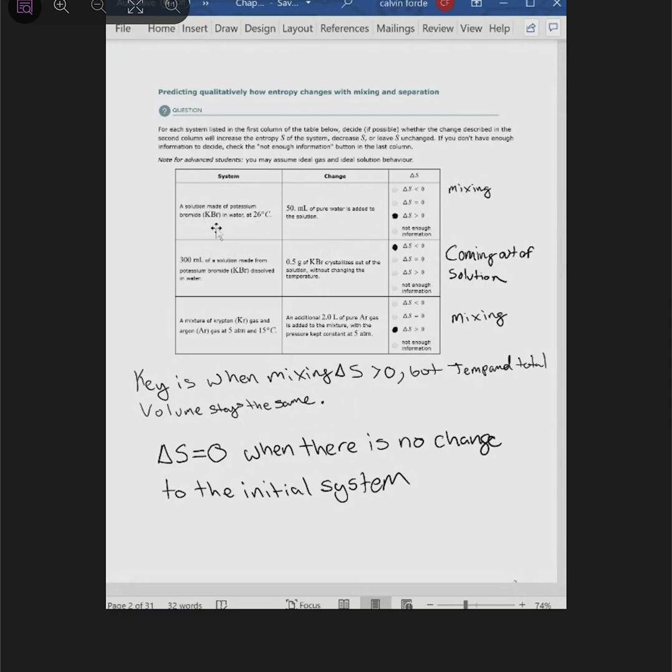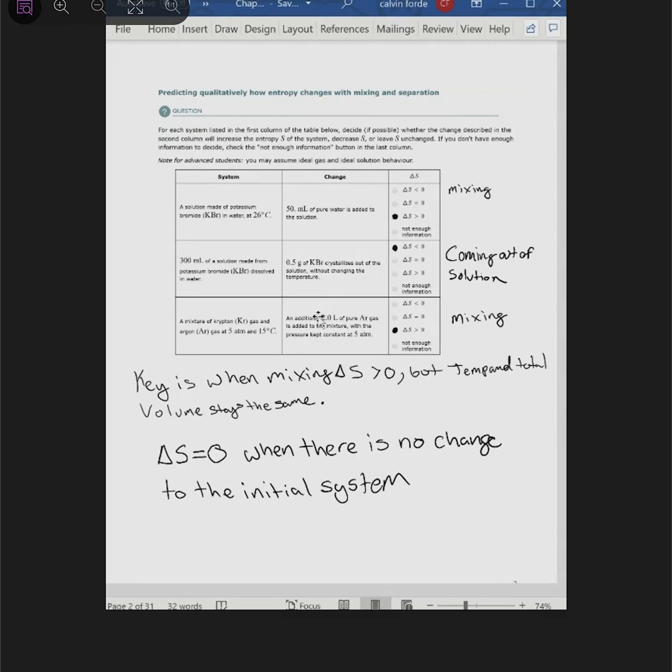All right. Next one, 300 milliliters of a solution made from potassium bromide dissolved in water. 0.5 grams of potassium bromide crystallized out of the solution without changing the temperature. So what's happening here is we're not doing a mixing. We're not creating more ions of KBr, but the KBr is coming out of the solution.